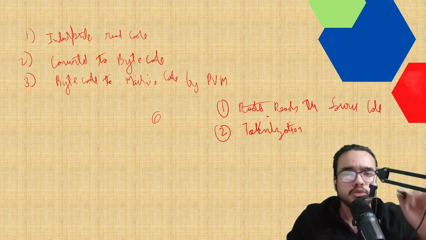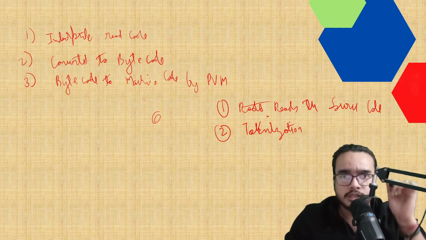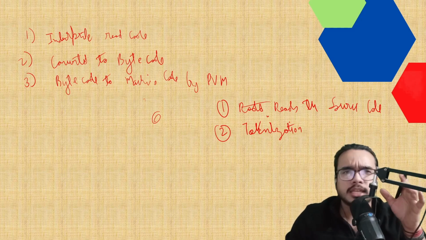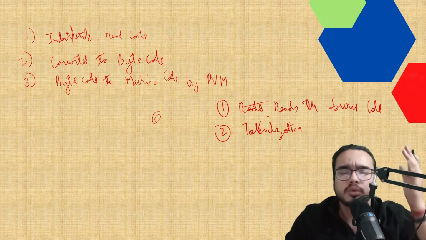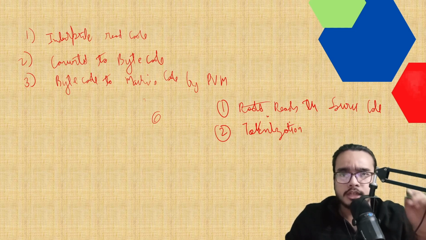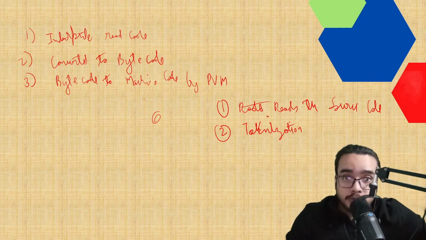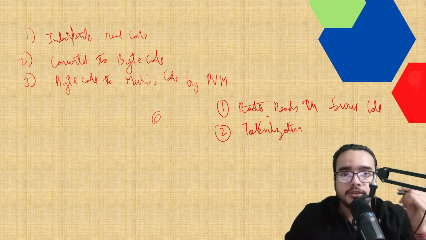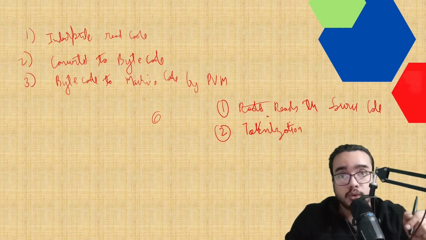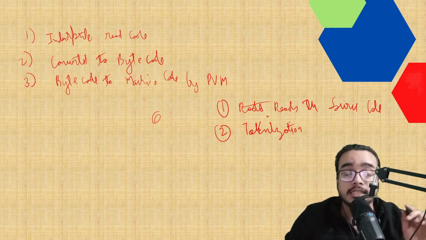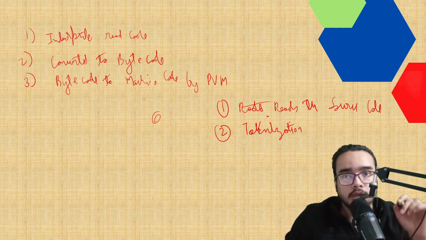Just to memorize this, imagine the PVM as a loop which says: take one bytecode, execute it, then move to the next bytecode. This is how the PVM, or Python Virtual Machine, executes the bytecode, and this is why it is called an interpreter, because it is executing commands one by one.